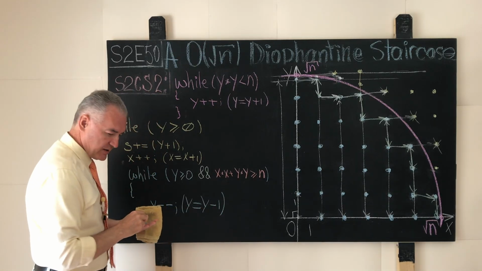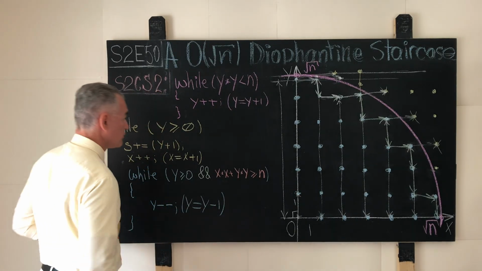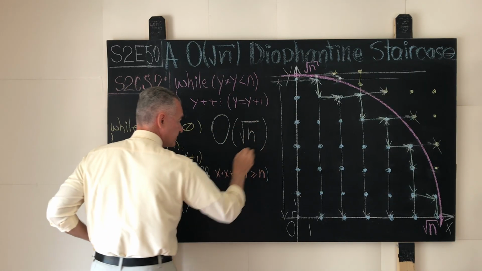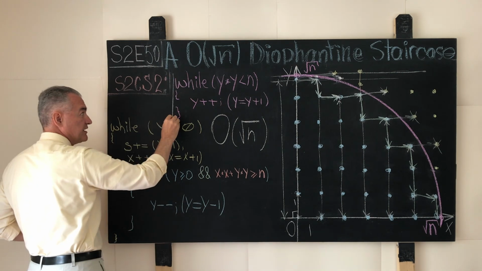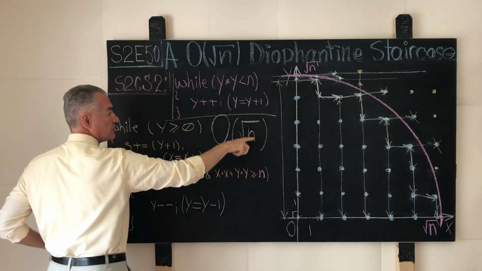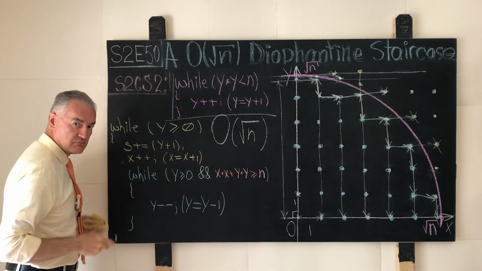Now, why is the time complexity of this algorithm big O of square root of n? Well, this line of code, our climbing, we already know is square root of n. That much we know.